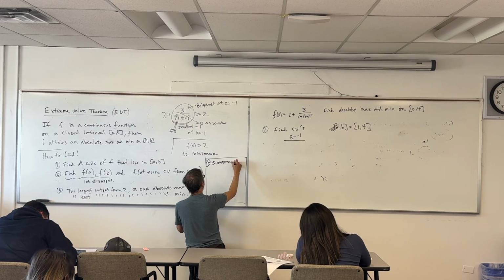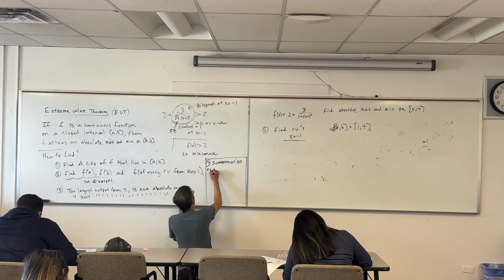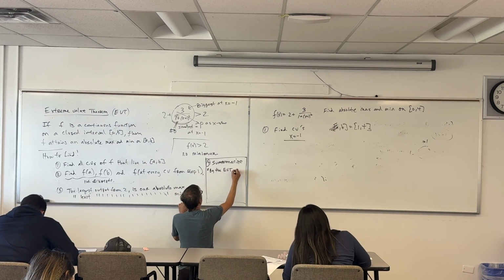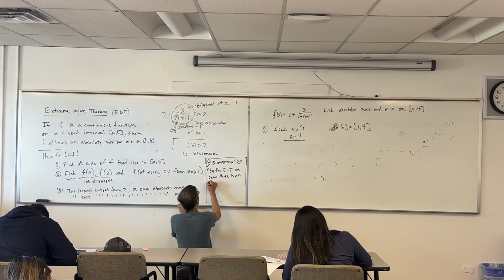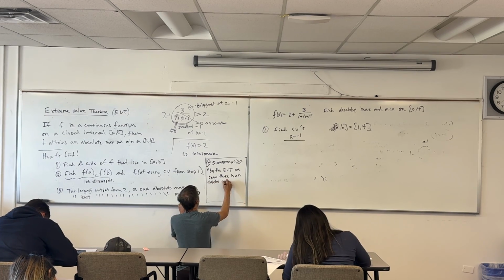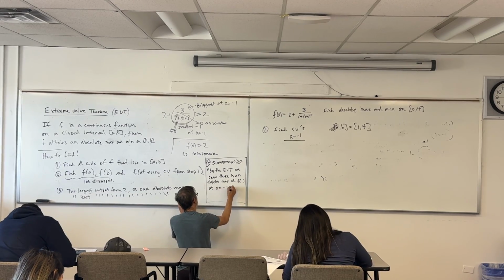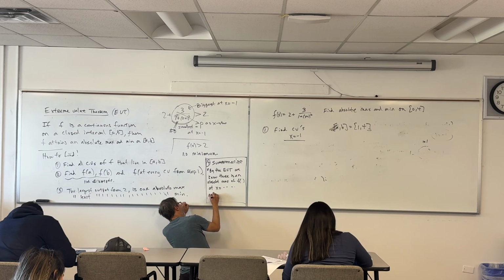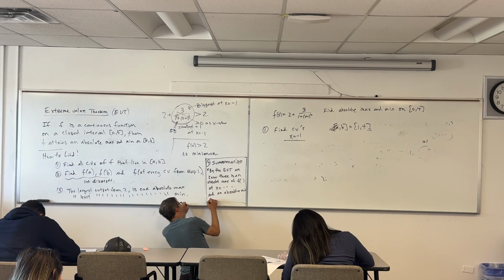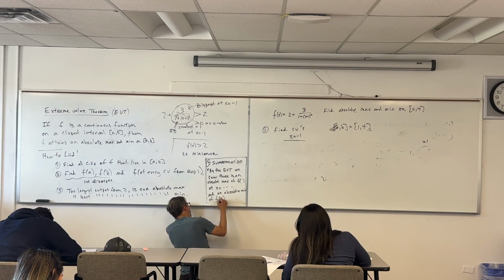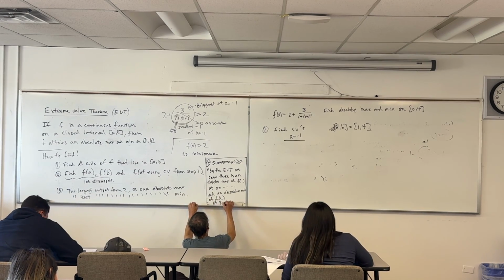Summarize: by the extreme value theorem, we know there is an absolute max of, and then you'll put the F here at x equals blah, and then an absolute min of, and the "of" is what the output is at that location, at x equals blah, blah, blah.